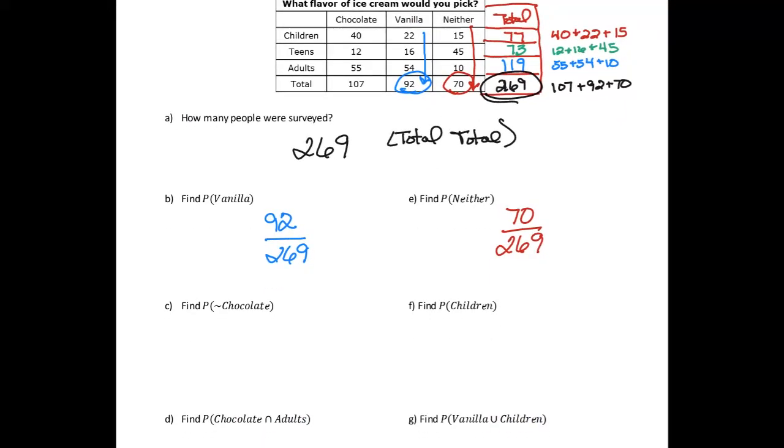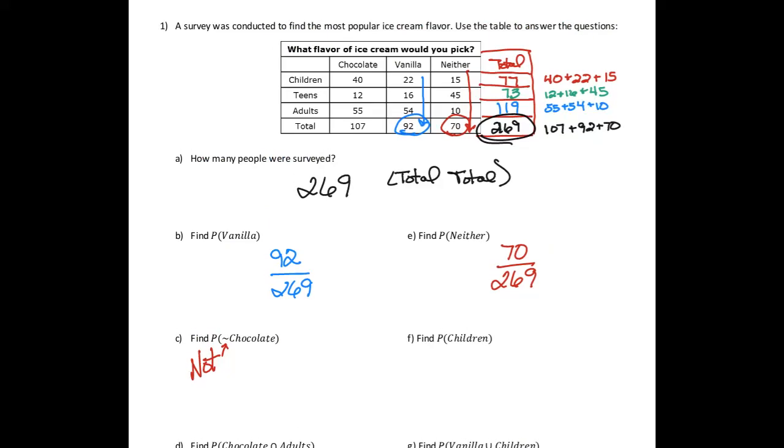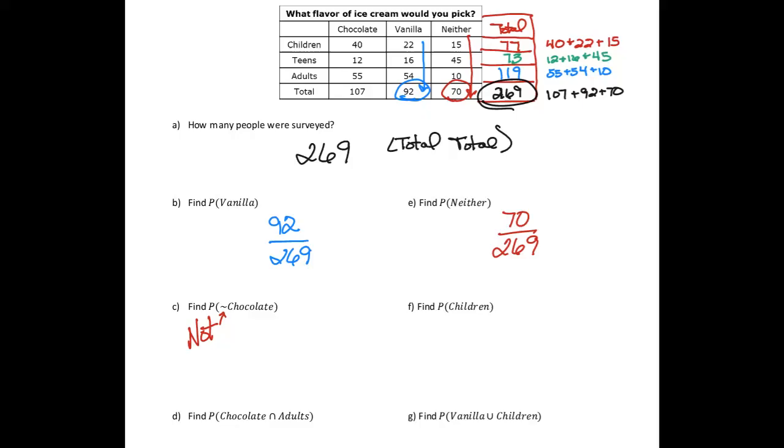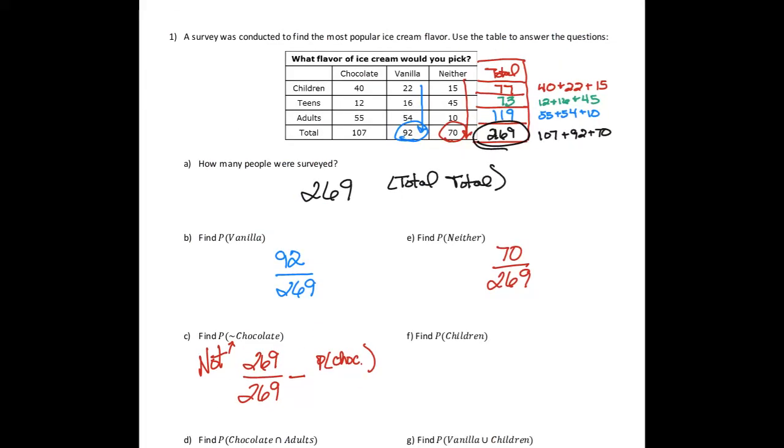All right, let's go to letter C. Find the probability that someone does not like chocolate. This is not, chooses chocolate, right? That little tilde symbol. So I need to take 1, which would be 269 over 269, minus the probability that someone does like chocolate. Okay? So how many like chocolate?